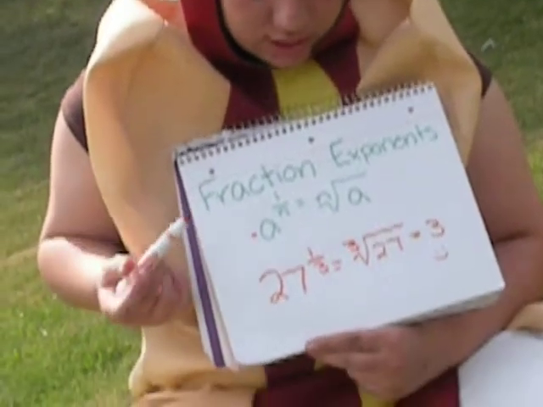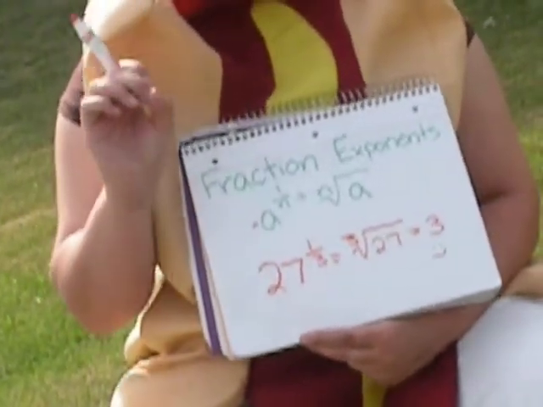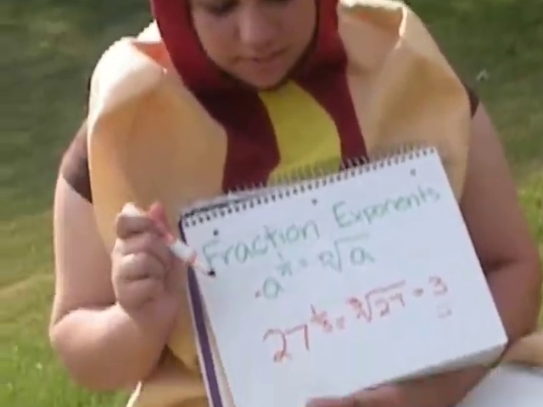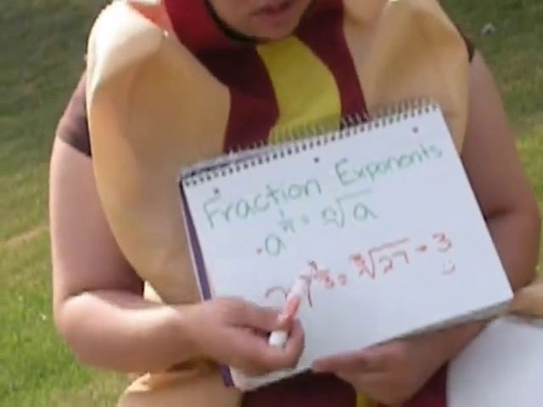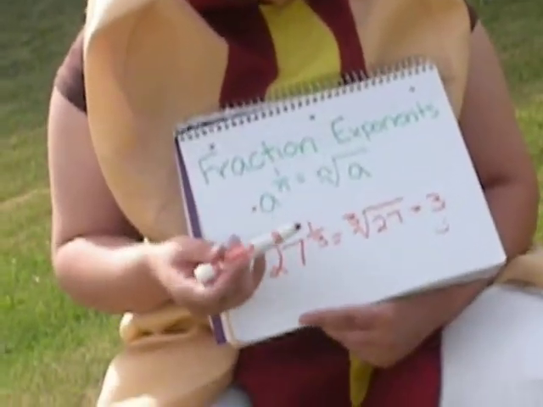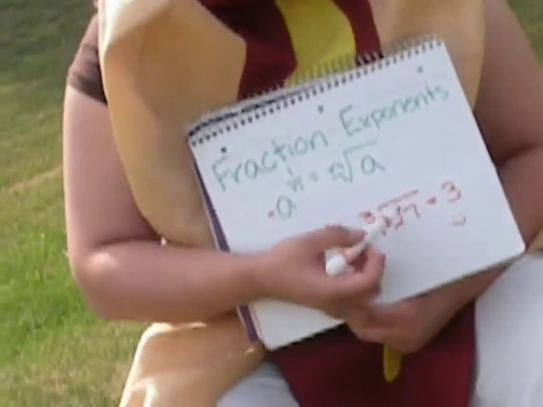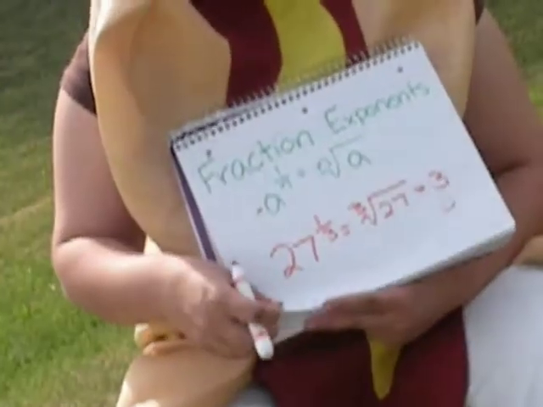And when you do that, you take the root of the number on the bottom to the base. So here we have 27 to the 1 over 3. That equals the third root of 27, which 3 goes into 27 3 times.